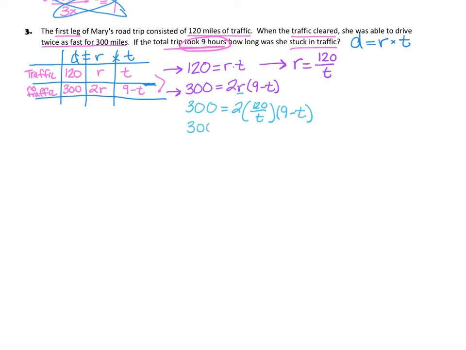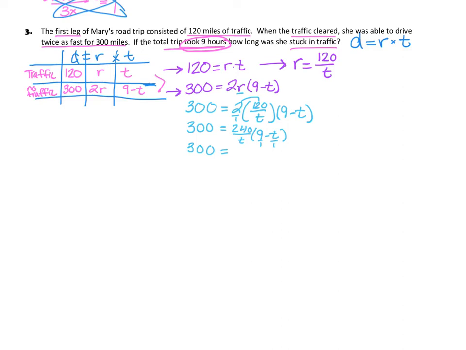Now, I need to simplify this. Well, the first thing I'm going to do is multiply this 2 times the 120. Remember, this 2 is really over 1. So 2 over 1 times 120 over t is going to give me 240 over t times (9 minus t). Now I'm going to distribute. So again, this is like 9 over 1 and t over 1.